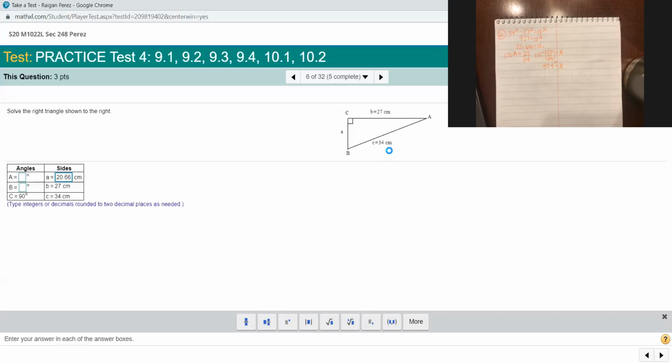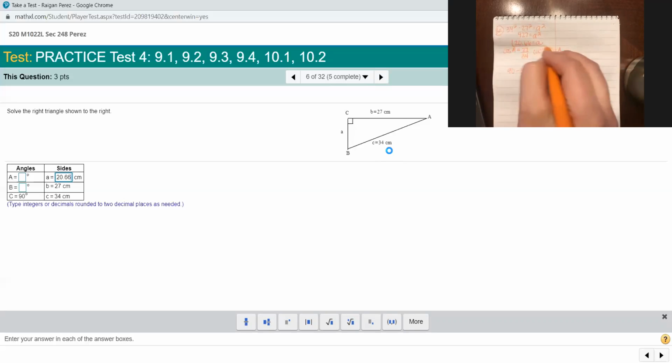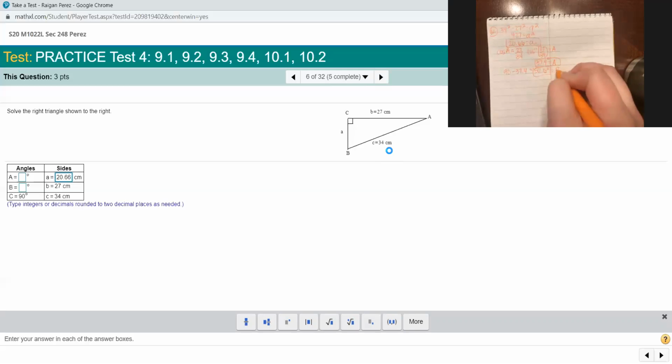Now for angle B, you can just subtract. 90 minus 37.4 is 52.6. So that's B and this is A. This is little a. And you can check it by doing sine of 27 over 34 if you want, and I'll do it real quick in my calculator just to make sure.